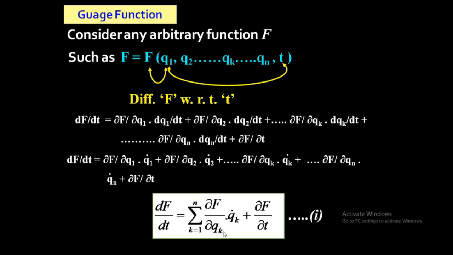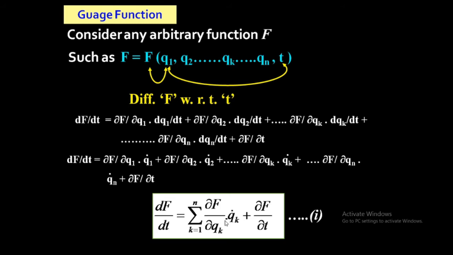If I put 1 in place of k, it will become del f by del q1 into q1 dot. If I put 2 in place of k, then I will get the second term del f by del q2 into q2 dot. If I put n in place of k, then I will get this term del f by del qn into qn dot.